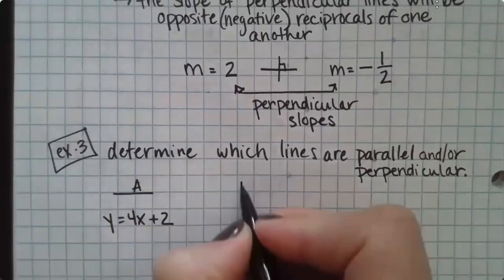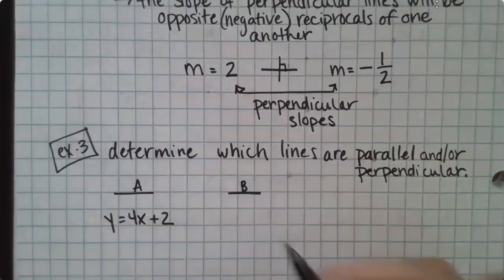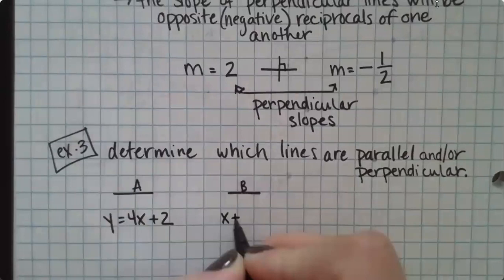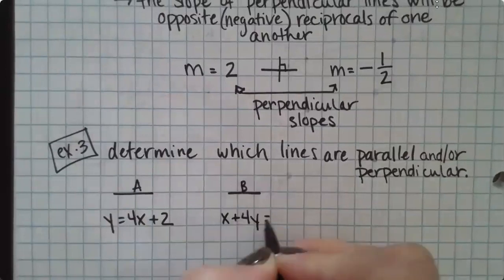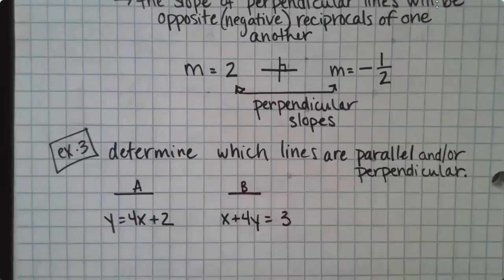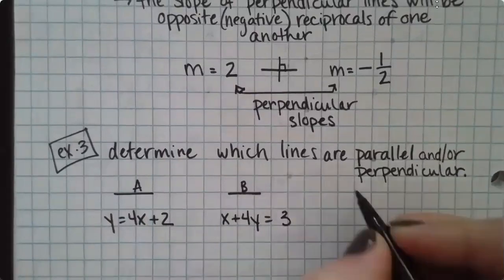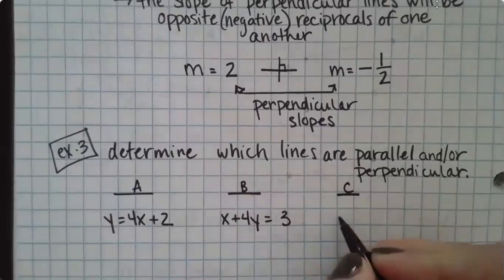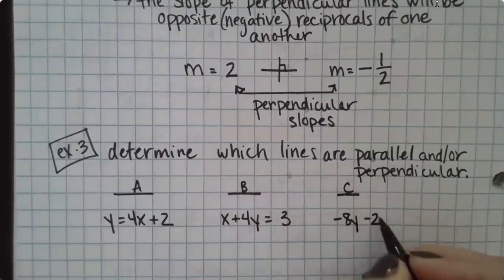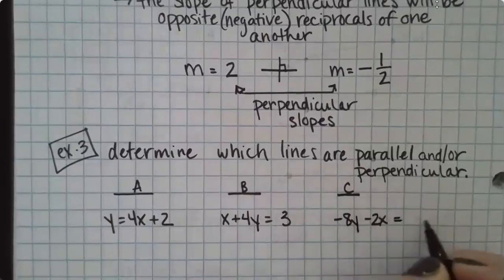And they give us line B. And the equation of line B is x plus 4y equals 3. And they give us line C, which is negative 8y minus 2x equals 16.